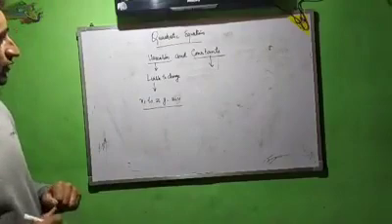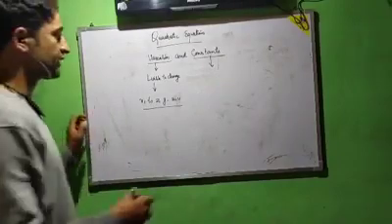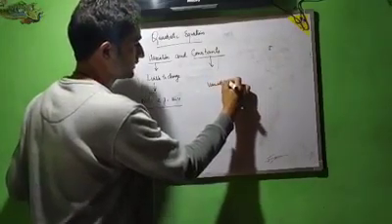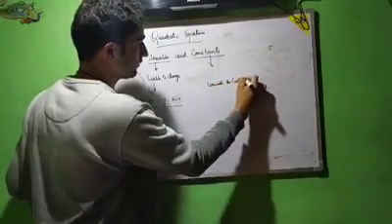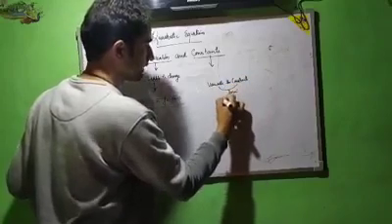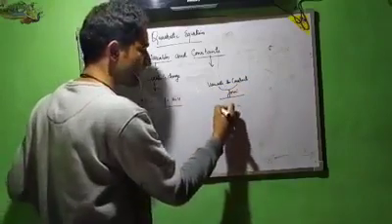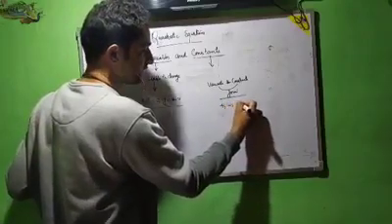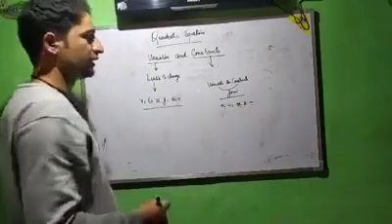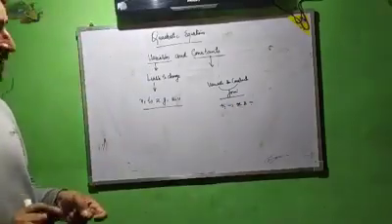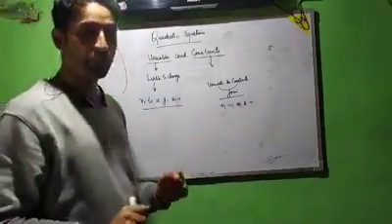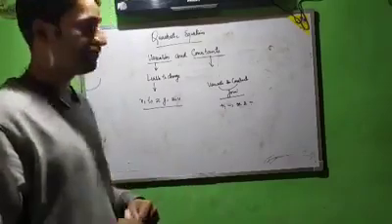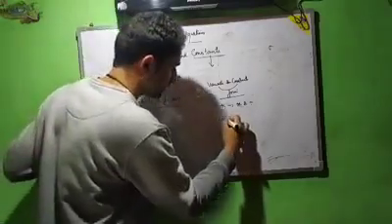When we join variables and constants by means of four basic mathematical operations, that is addition, subtraction, multiplication and division, expressions are formed.